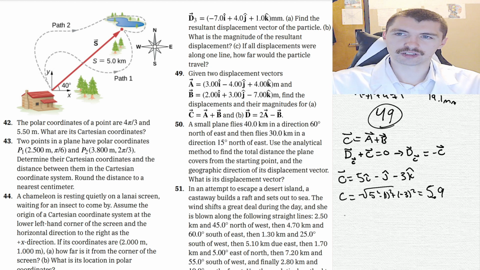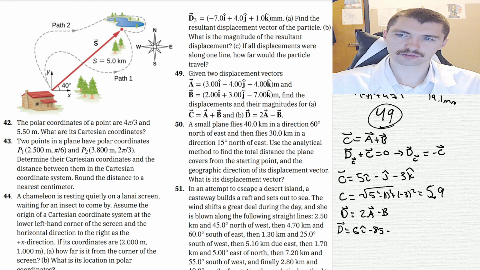Okay, now we want to find D equals 2A minus B. So that is 6, minus this.